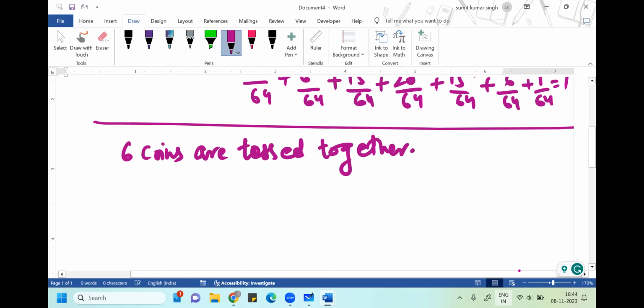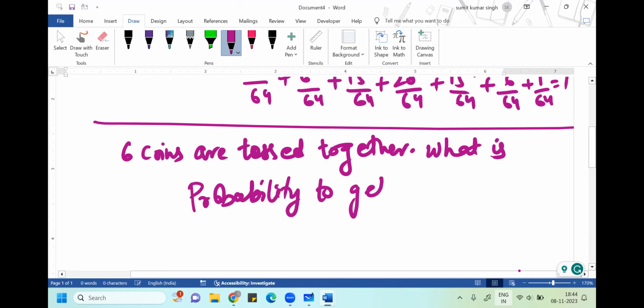Coin problems are very important. So the words like at most, at least, these are very important. You should understand these terms. What is at most? What is at least? If you are confused between them, then there's a problem. Anyone, what is the answer for this?